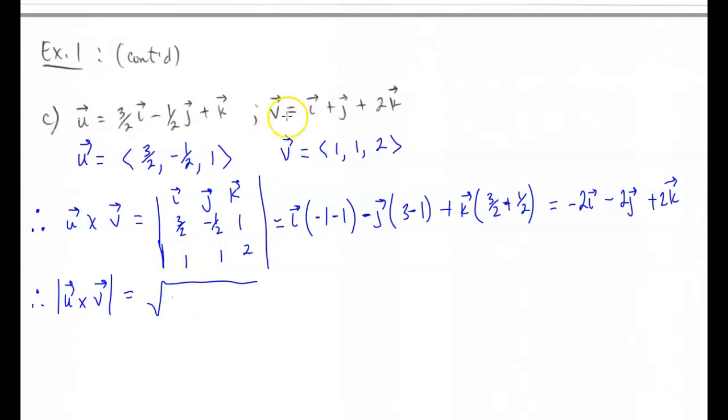All right, so I have negative 2 squared plus another negative 2 squared plus positive 2 squared. Of course, each of those terms is going to end up being 4. So 4 plus 4 plus 4 is 12. And we can break this down to square root of 4 times square root of 3, which will end up being 2 times square root of 3. So that will be our length.